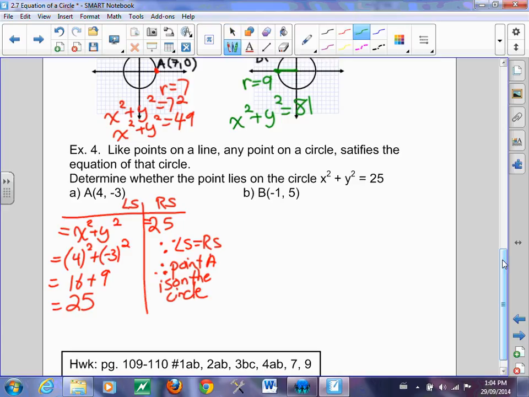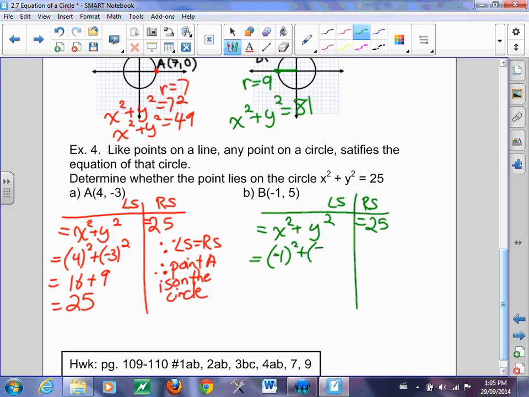Okay. Take a look at example B. Got right side and left side, and we know the right side equals 25. And we're going to substitute in. So we've got negative 1 squared plus 5 squared. You get 1 plus 25, and this equals 26.